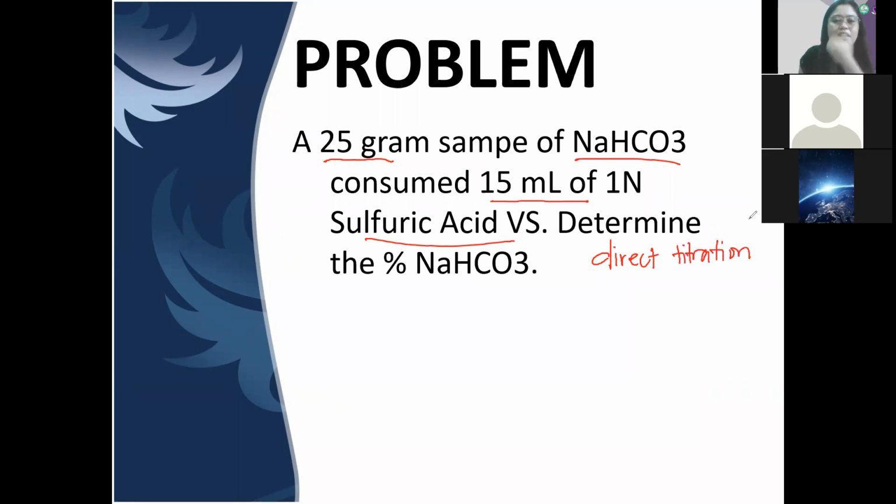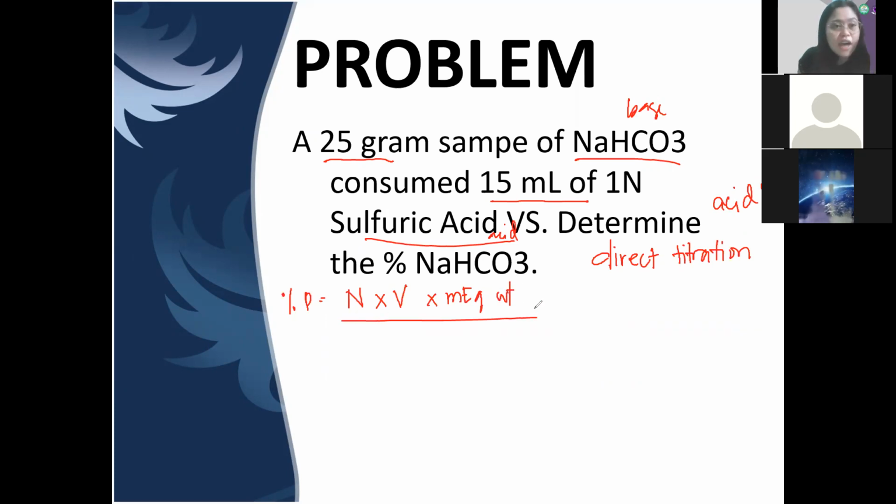Actually, this is acidimetry, not alkalimetry. Since this one is a base, and syempre this one is an acid. Okay, pero the same formula, percent purity is equal to N times V times MEQ weight. Do not use the N times VA minus N times VB kasi para yun siya sa residual titration.